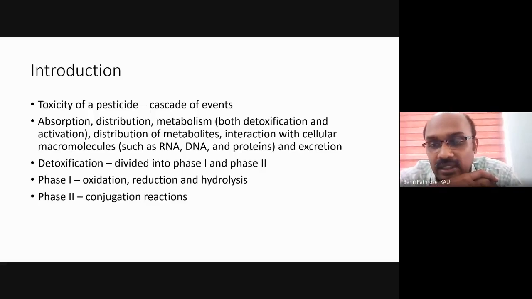Because we are dealing with pesticide metabolism, we'll be dealing with activation also, a bit of it. This metabolism can happen in two ways: phase 1 metabolism and phase 2 metabolism. It can be detoxification or activation both.